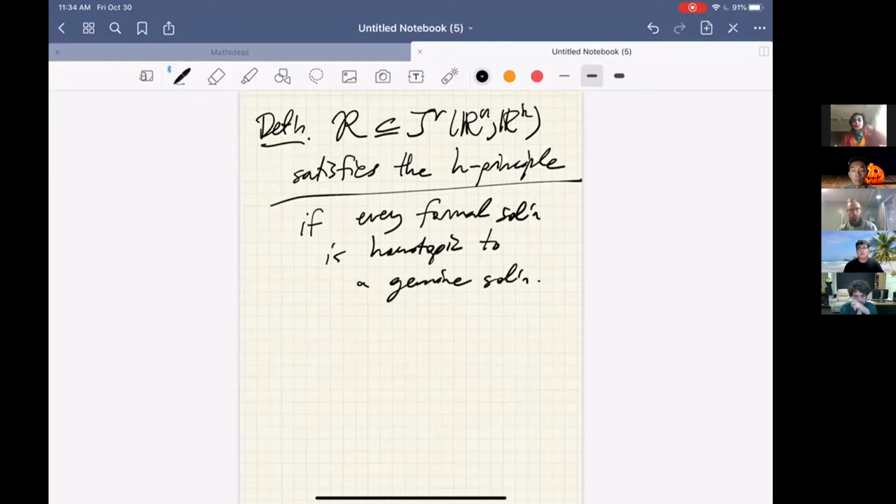Meaning every formal solution, every section into J^r with image inside of R, you can homotope it, possibly along sections, to a new section which does come from the derivatives of an actual function.